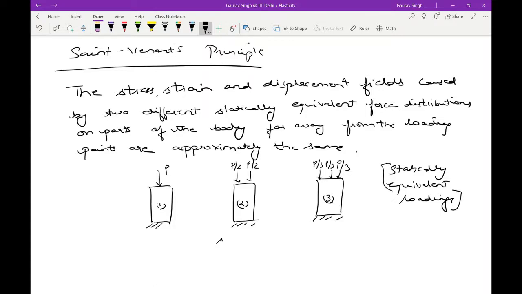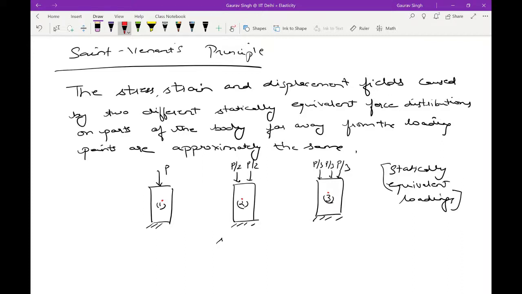Let's read the principle. The stress, strain and displacement fields caused by two different statically equivalent force distributions on parts of the body far away from the loading are approximately the same. Meaning, if you want to find the stress, strain or displacement at this point, which is far away from the boundary, in all three situations with statically equivalent loadings, your answer would approximately be the same.